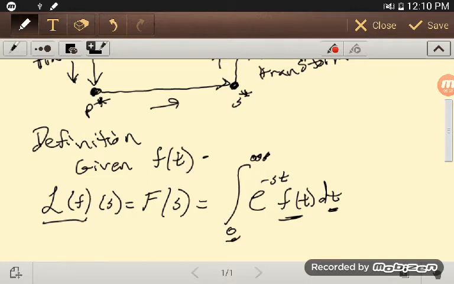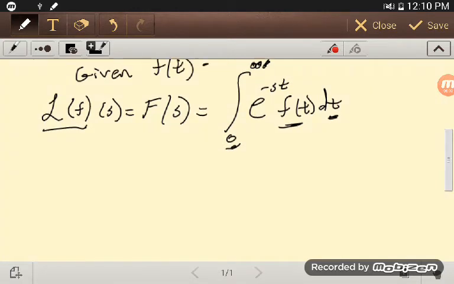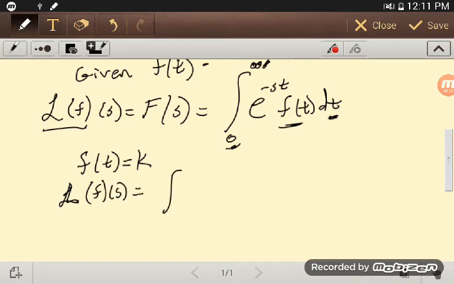So s will still be there. And so an example, the first example they give in the text. For instance, if f of t is just equal to some constant k, then our script L of f of s is equal to the integral from 0 to infinity of e to the minus st times k dt.